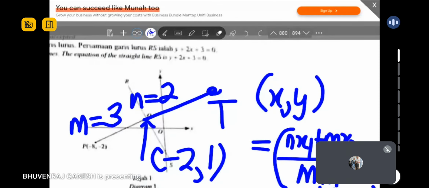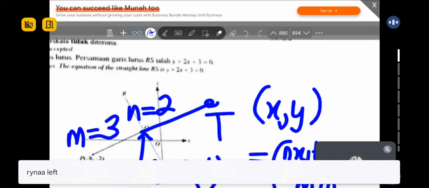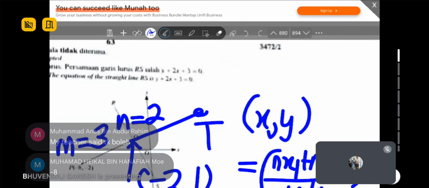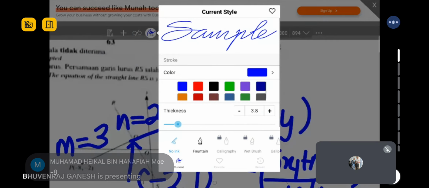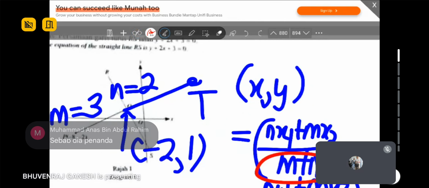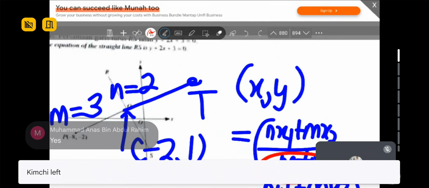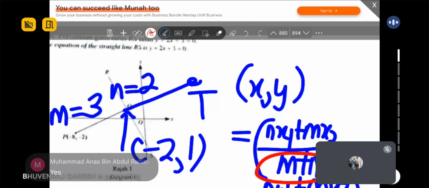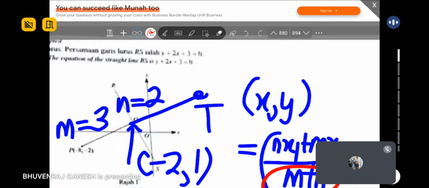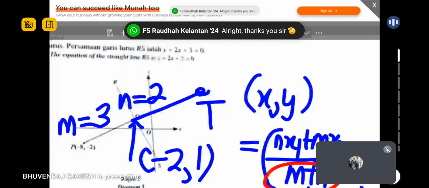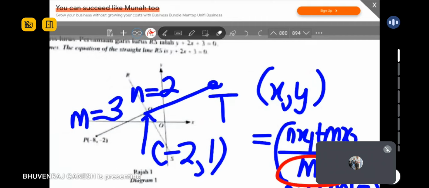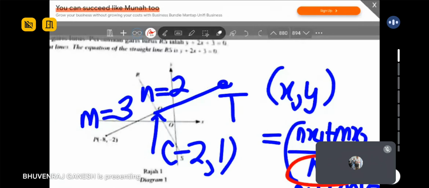N tambah M pun boleh. Sebenarnya boleh lah. Sebab 3 tambah 2, 2 tambah 3 nilai dia sama kan? Masih 5. Betul? So, dia tak bawa apa-apa efek pun. 3 tambah 2, 2 tambah 3, same.